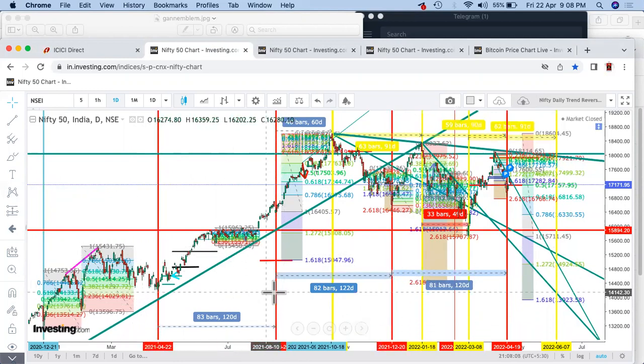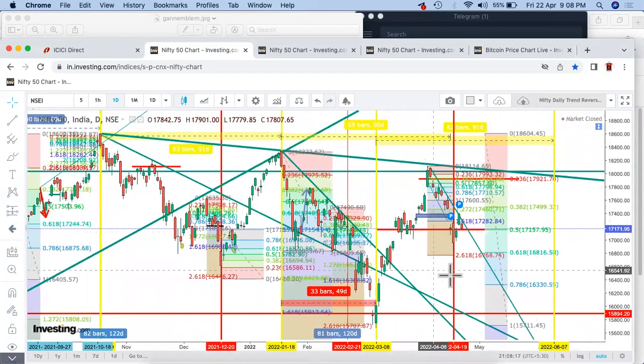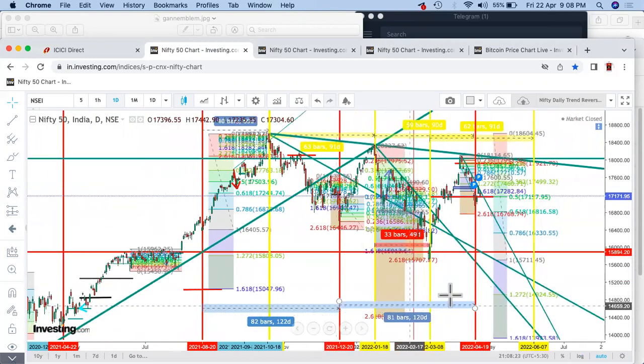So this is the first cycle, this is the second cycle. Starting from 20th of December 2021 till 19th of April, we found another cycle which is again of 120 days. So this cycle recently happened, right?